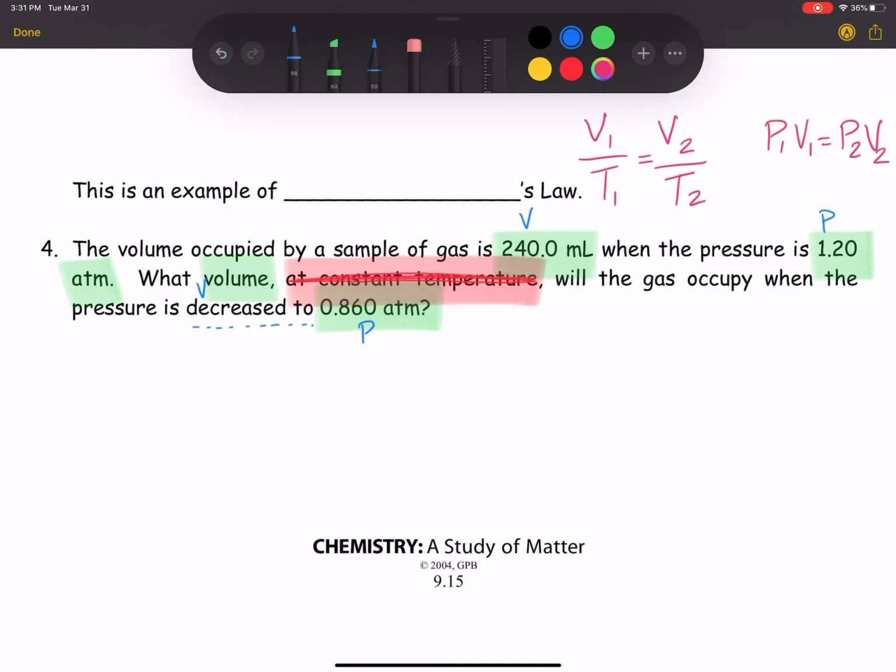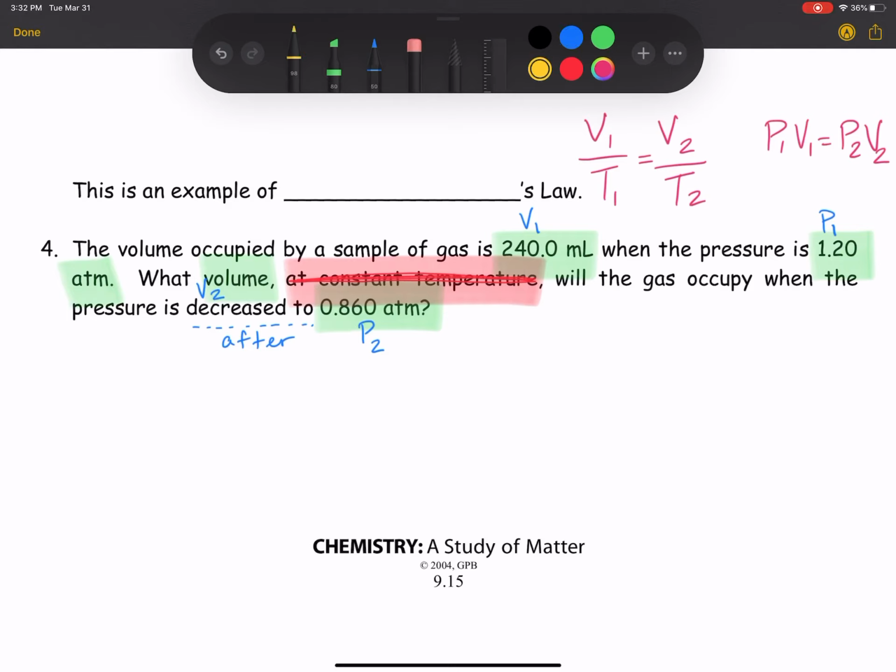Because I'm decreasing my pressure to a new value, this is now my after, so that means this was my P2. I started with 240 milliliters, that's my V1, at 1.20 atm. I now want to figure out my new volume of this gas when I've reduced the pressure to 0.860 atm.